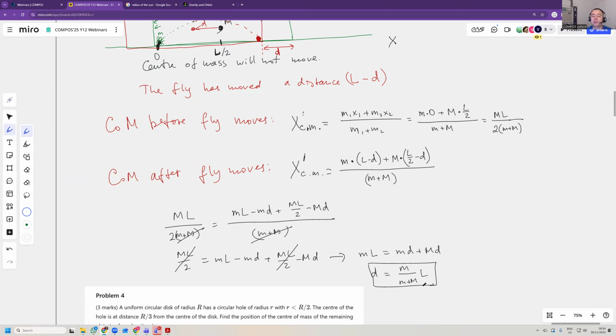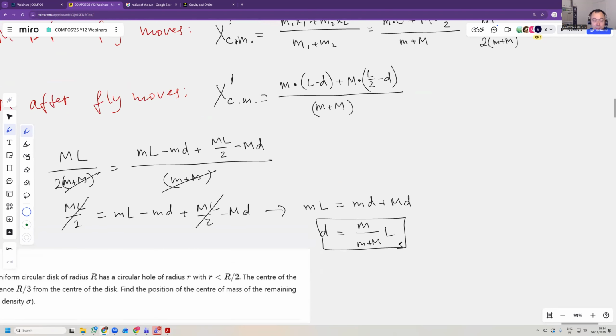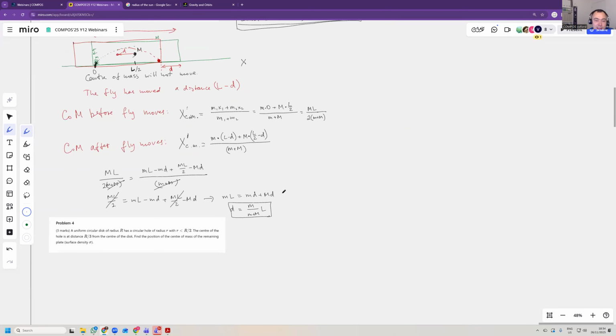So that's the distance moved by the cylinder. If you had some numbers, for example, the mass of the fly is 2 grams, the mass of the cylinder is 6 grams, and the length of the can is 60 centimeters.